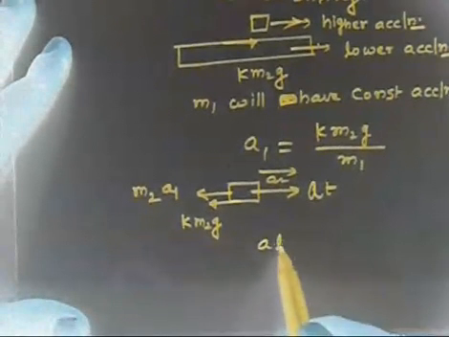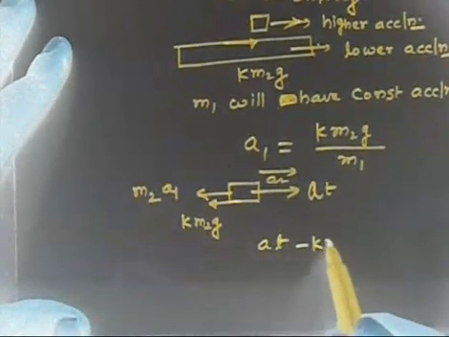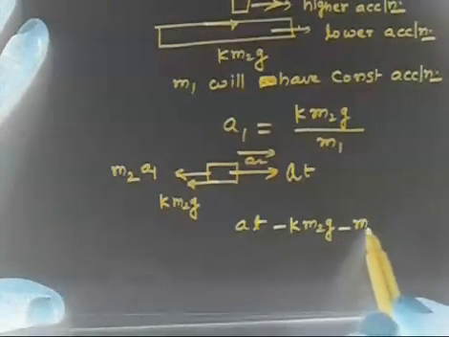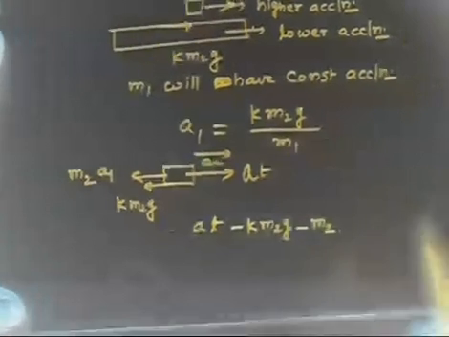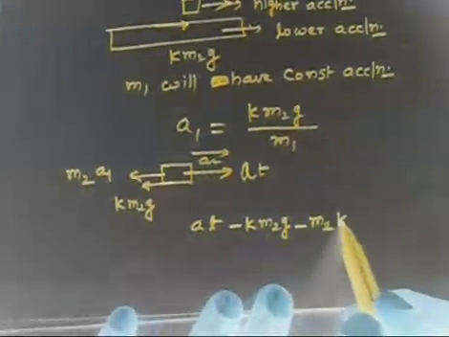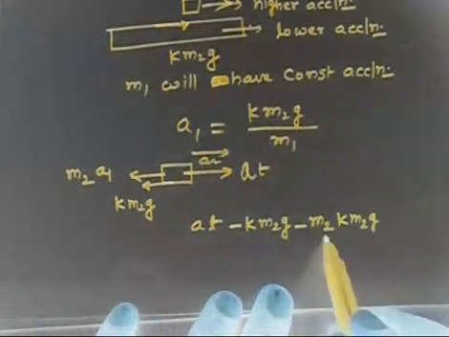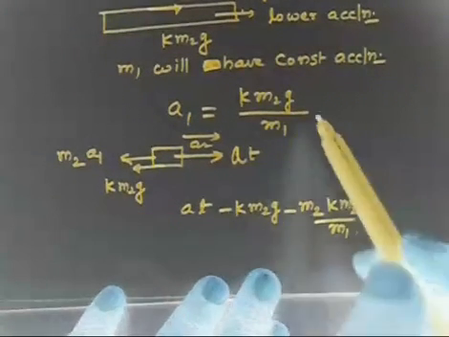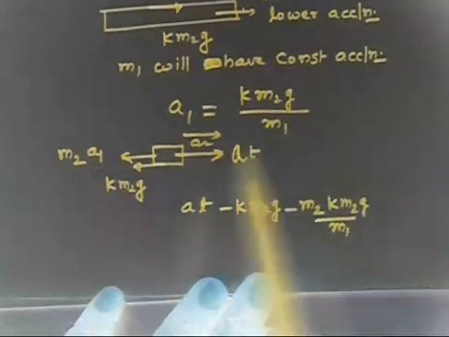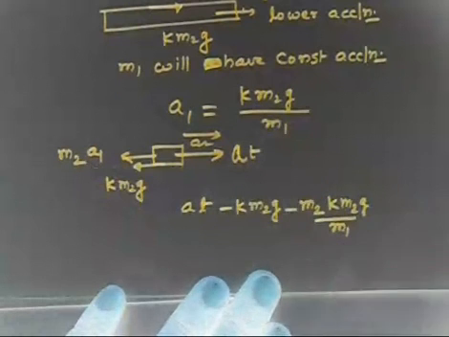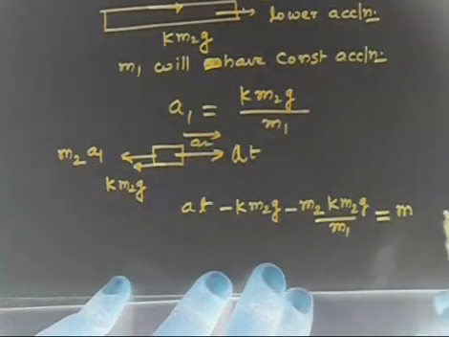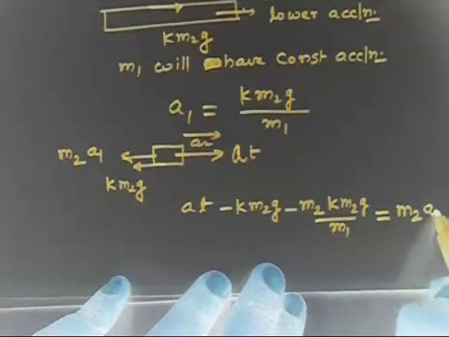So the force is AT minus Km2Z and minus M2 A1. A1 is what? Km2Z by M1. So this is the relative acceleration. If I plug the value of A1 here, I have Km2Z by M1. Now mass into acceleration: mass is M2 and relative acceleration is A2.